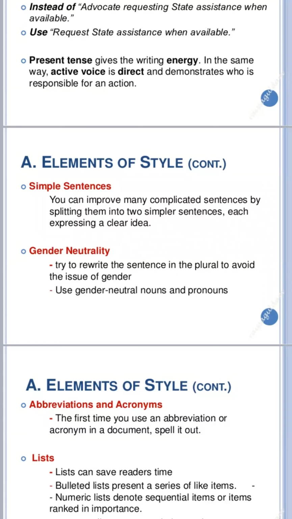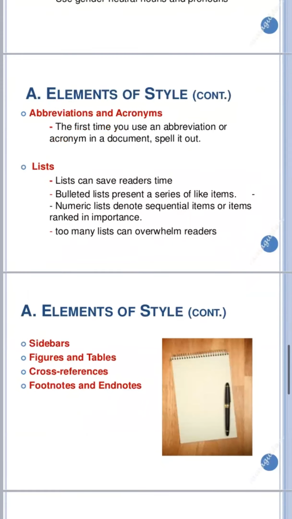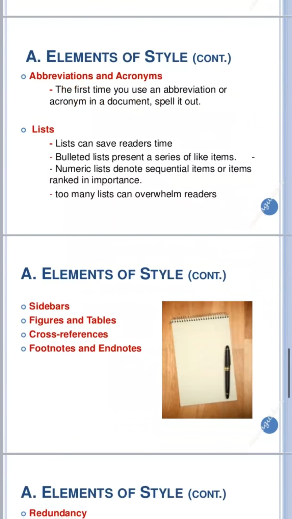To support this writing, we need to use gender neutrality, because sometimes instead of using chairman or chairwoman, we need to use chairperson. Chairperson is a neutral word that can be used for both men and women. You can use these types of words to avoid bias towards gender.